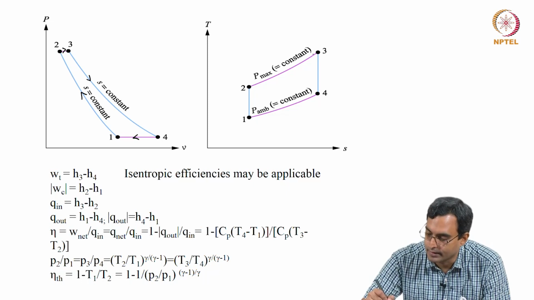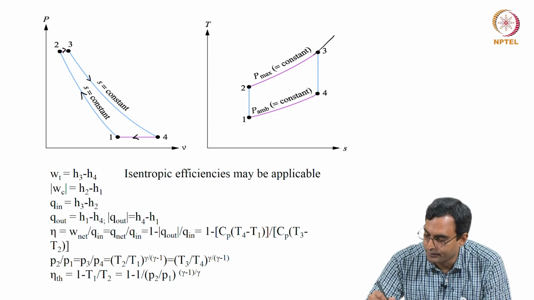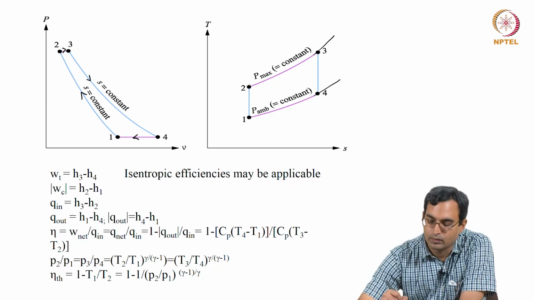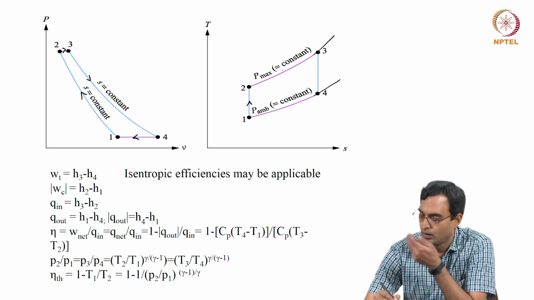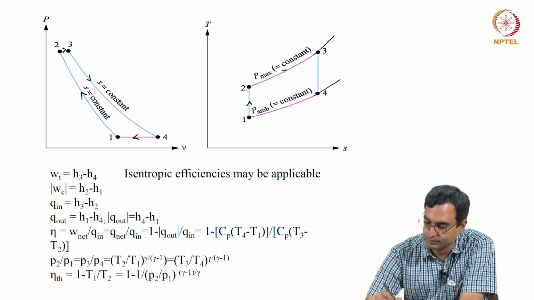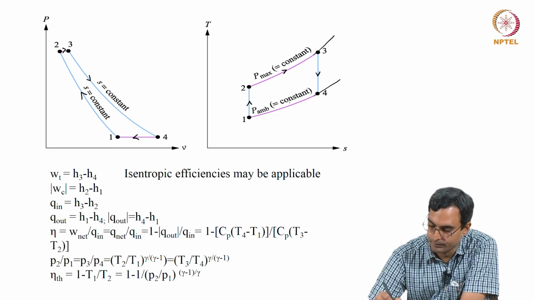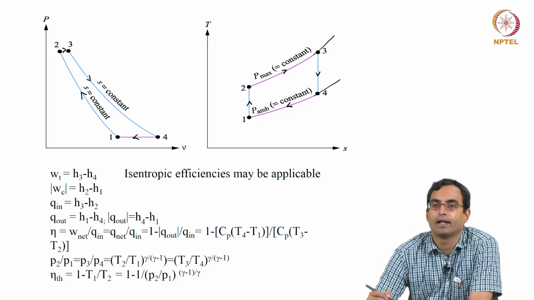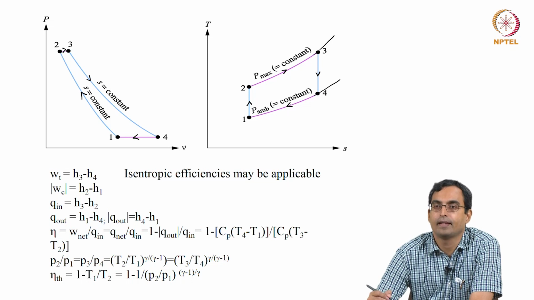Like with all the other cases we have discussed so far, if we had a real cycle, then the process 1 to 2 in a real cycle may not be isentropic. If it is not isentropic, then in the cycle the entropy would increase.